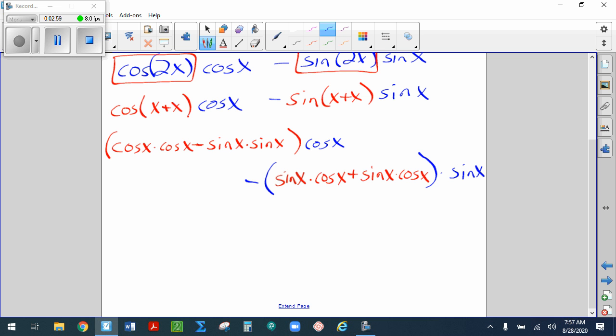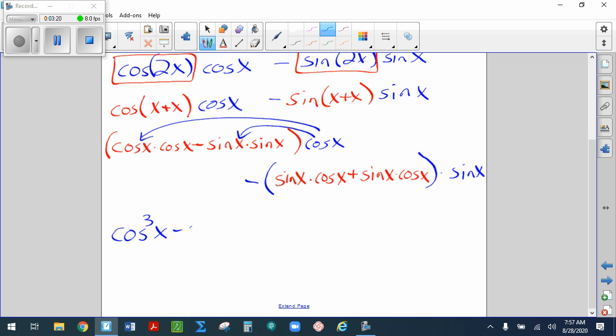And then I have to distribute. So, and actually for this first one, yeah, I think I'll distribute. I have a cosine times a cosine squared. So it's going to be cosine to the third. Then I have a cosine times a negative sine squared.